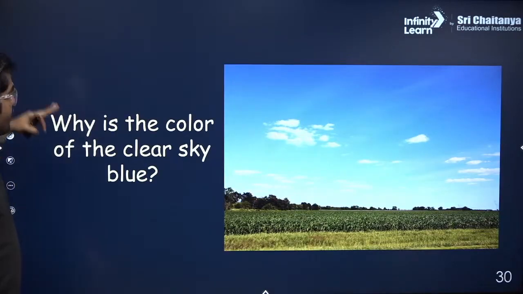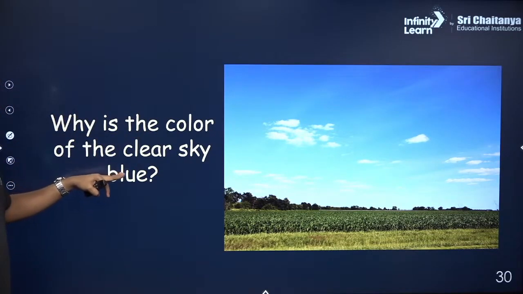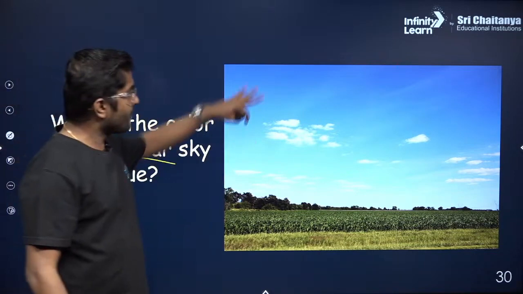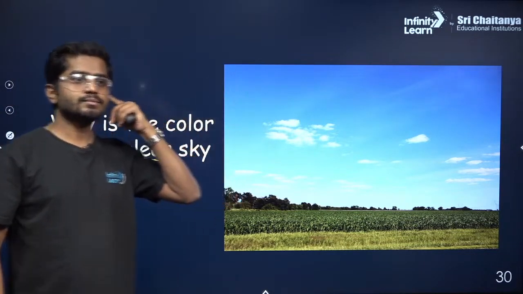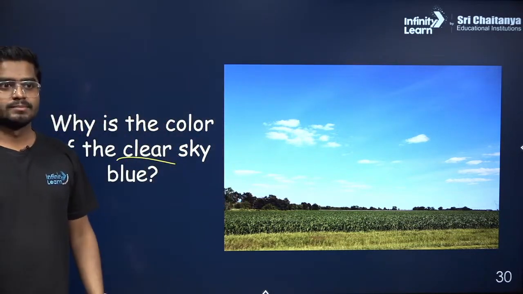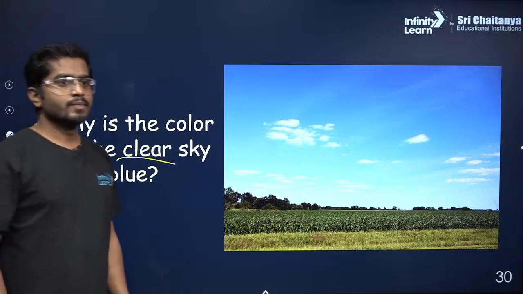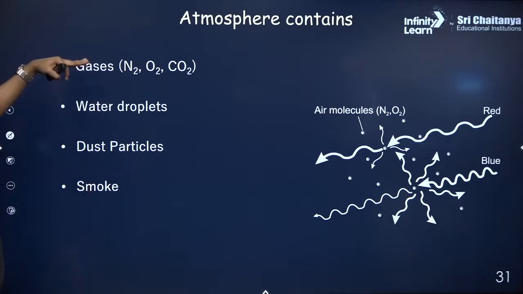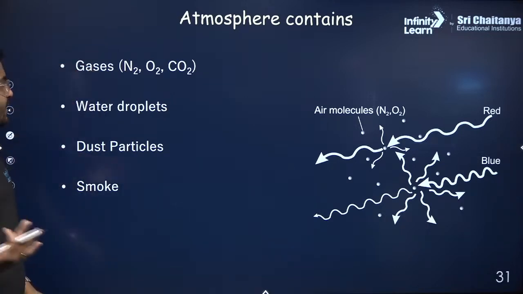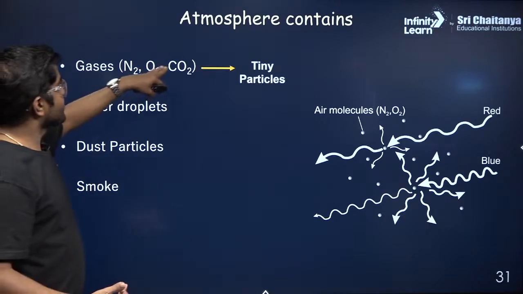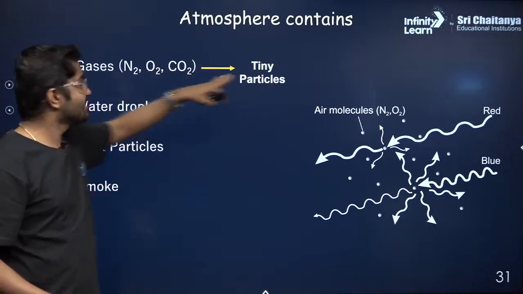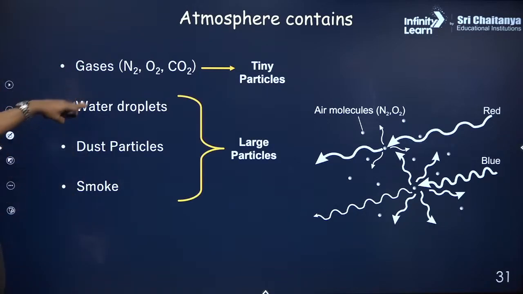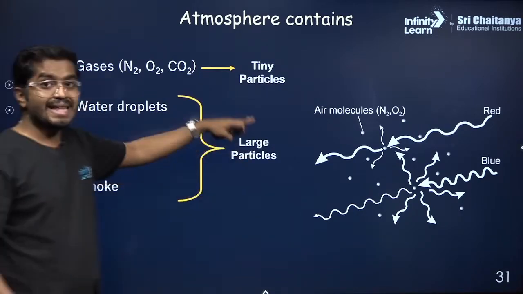So the first question: why is the color of the clear sky blue? Can you tell me why the sky is blue? Anyone, do you know? These are the molecules or gases present in the atmosphere, correct? Nitrogen, oxygen, CO2, these are the tiny particles. And all the others, water droplets, dust particles, smoke, are large particles.